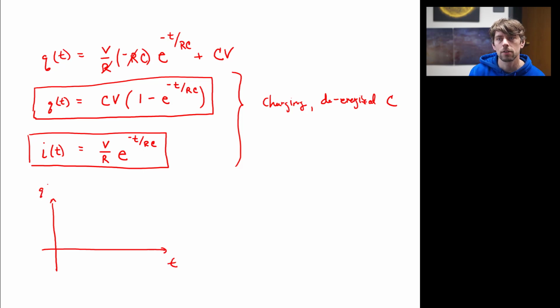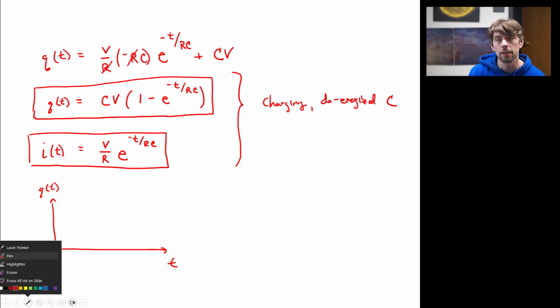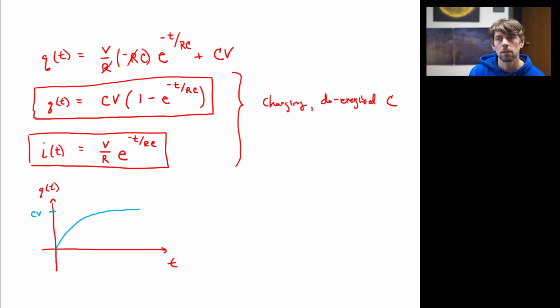If I plot Q as a function of t, what we will see is that this will reach asymptotically some value of C times V. In other words, it'll level off asymptotically. Now you say, well, how fast it levels off, we can talk about that, but the general shape will be in this manner.